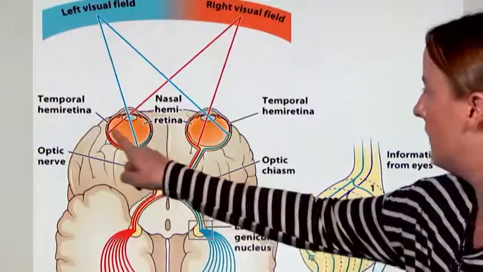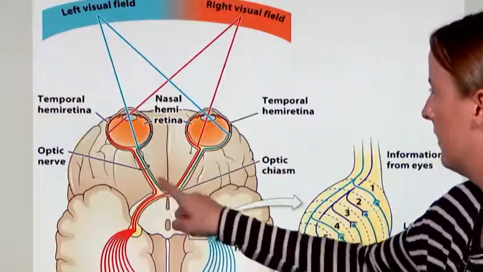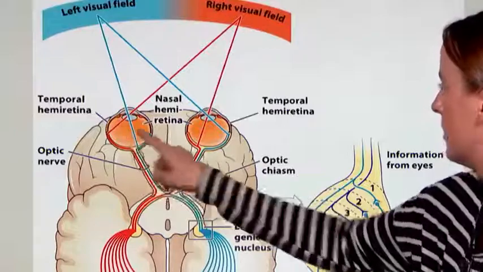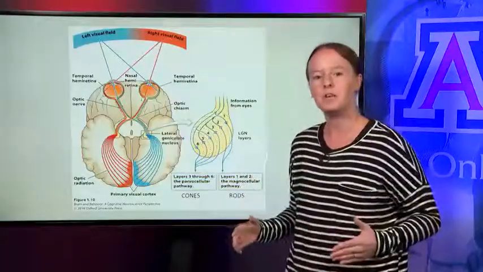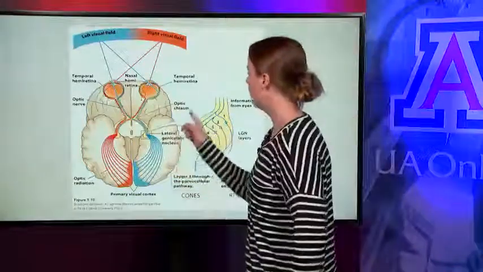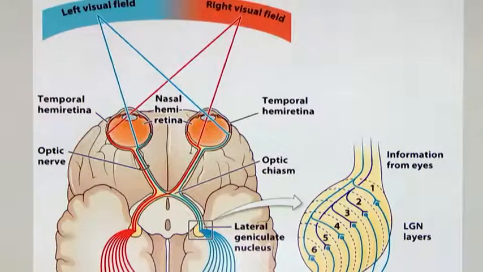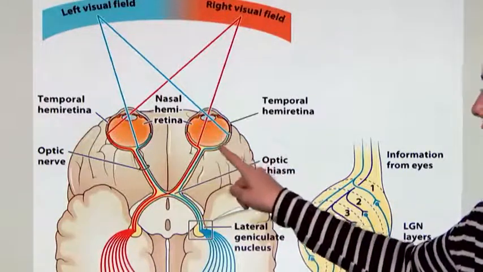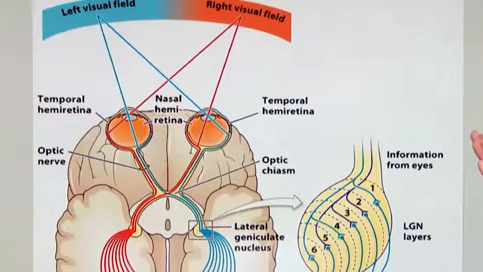We also have visual information coming out from the temporal side of the retina, closer to the ears. Now, I'm not sure if you're aware that some of your visual information actually does a crisscross in your brain. The point of this crisscross is the optic chiasm. Information from the nasal hemiretina crosses over, you can see that happening, and actually switches sides.